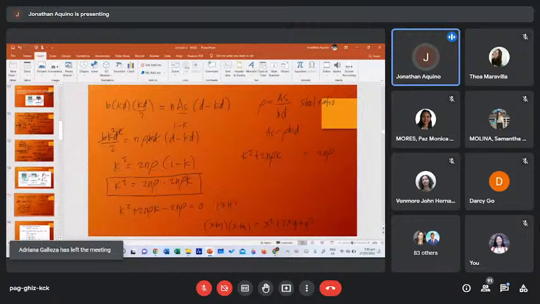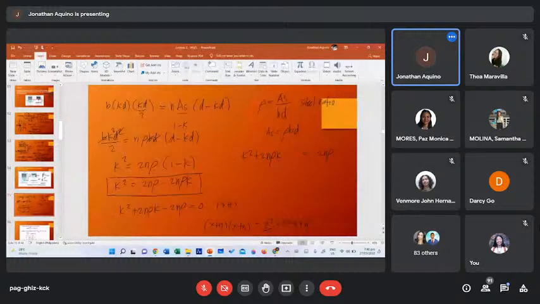Yung x dito is just simply equal to k. So yung 2xy, so 2k, so yung k dito is x. So ibig sabihin yung y natin is n rho. So kailangan natin magdagdag ng n rho squared. So since nagdagdag tayo ng n rho squared dito, magdagdag tayo dito ng n rho squared.